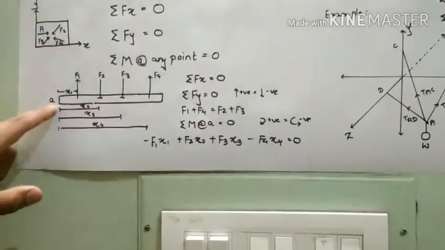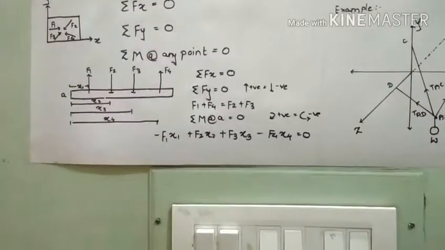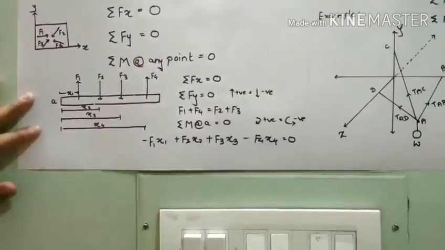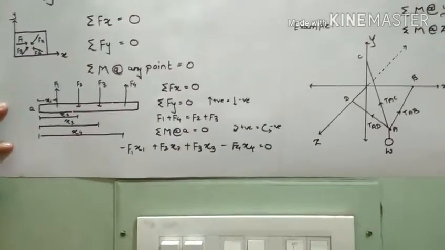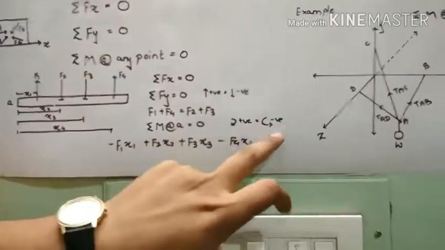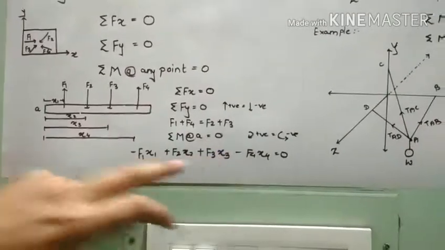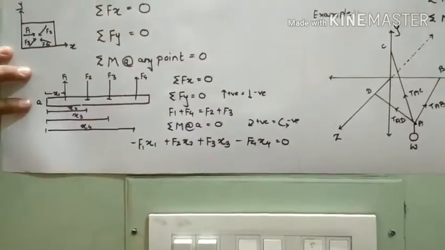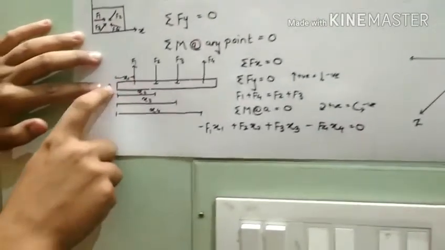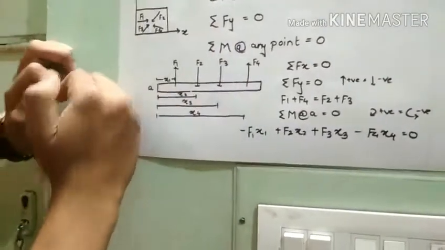Now going towards the third equation, that is, the moment about a point should equal 0. Let us consider the point A, the starting point of this rod. Here also we have to assume one direction as positive and the other as negative. F1 is acting in the upward direction, so the moment of F1 is in the anti-clockwise direction.